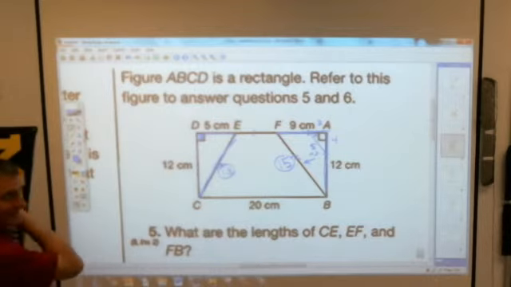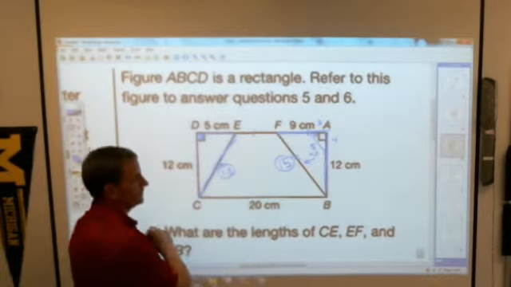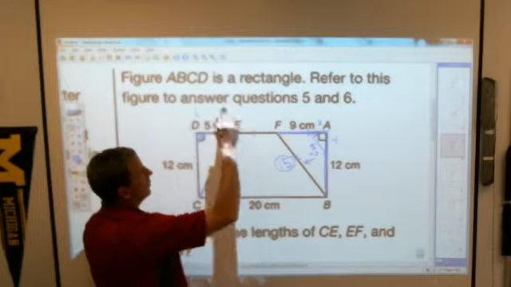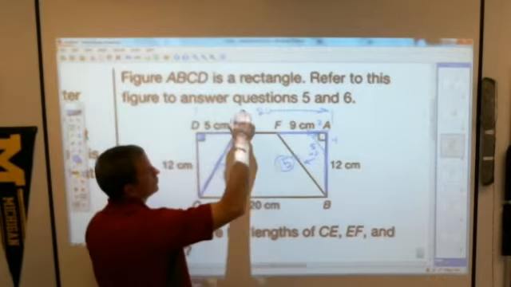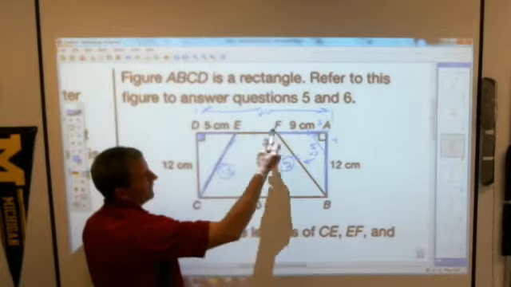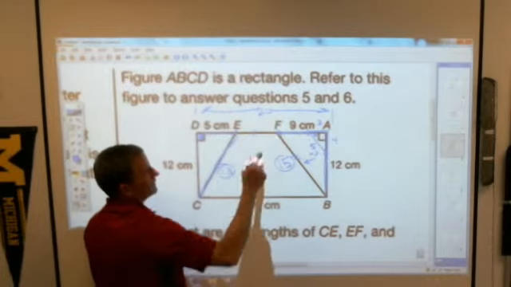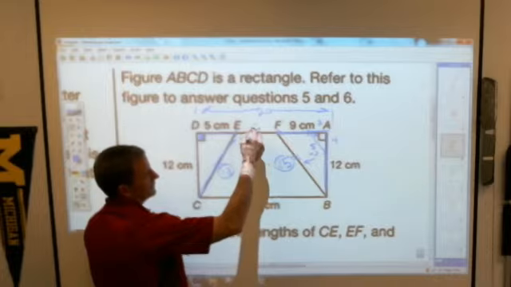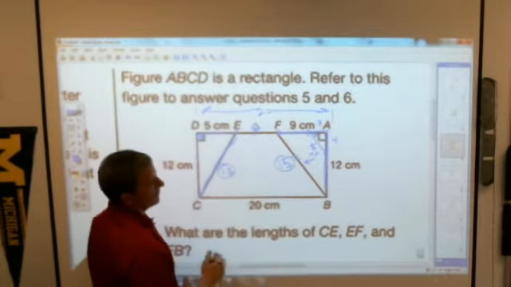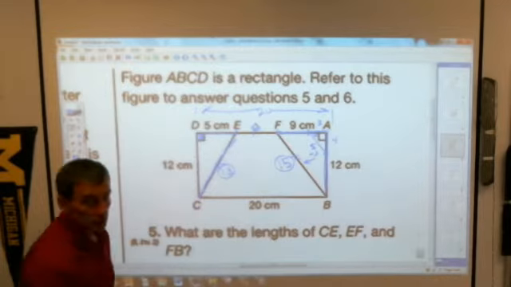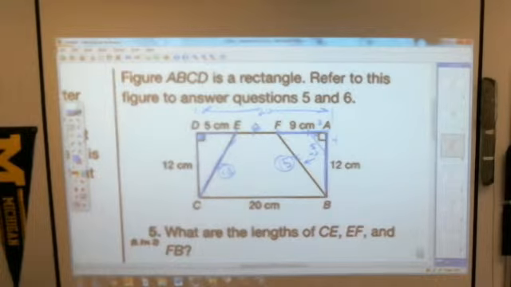And then how do I find EF up there? Well, it's a sum of its parts. All the way across is the same 20 down here. You have 5 and you have 9, so what number added to 5 and 9 gives you 20? It would have to be 6. 5 plus 9 is 14, 14 plus 6 is 20. So those are the answers to question number 5.